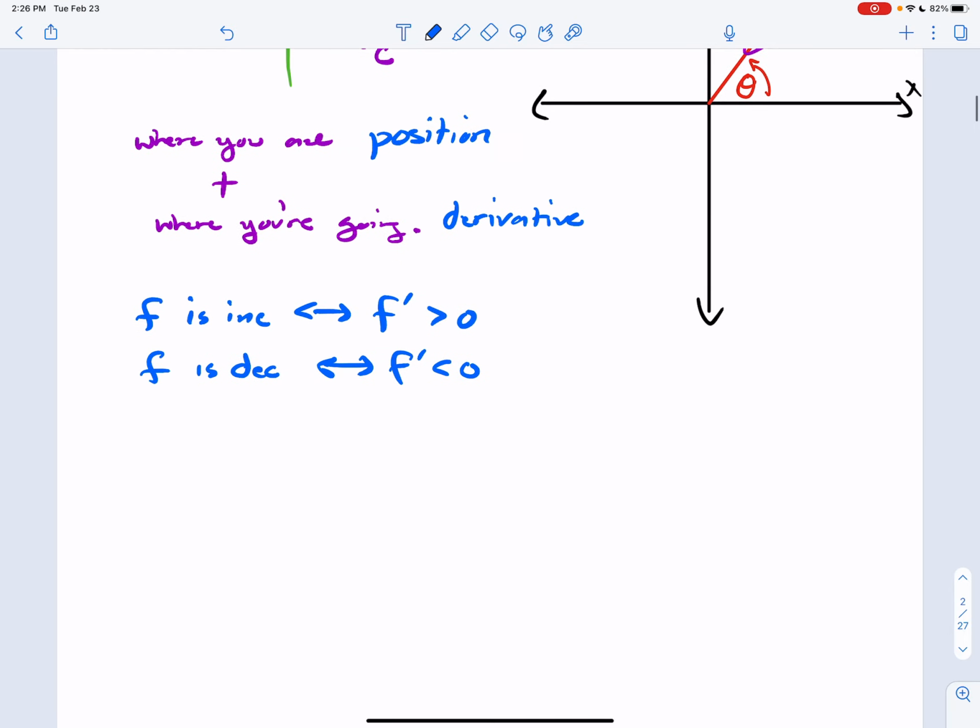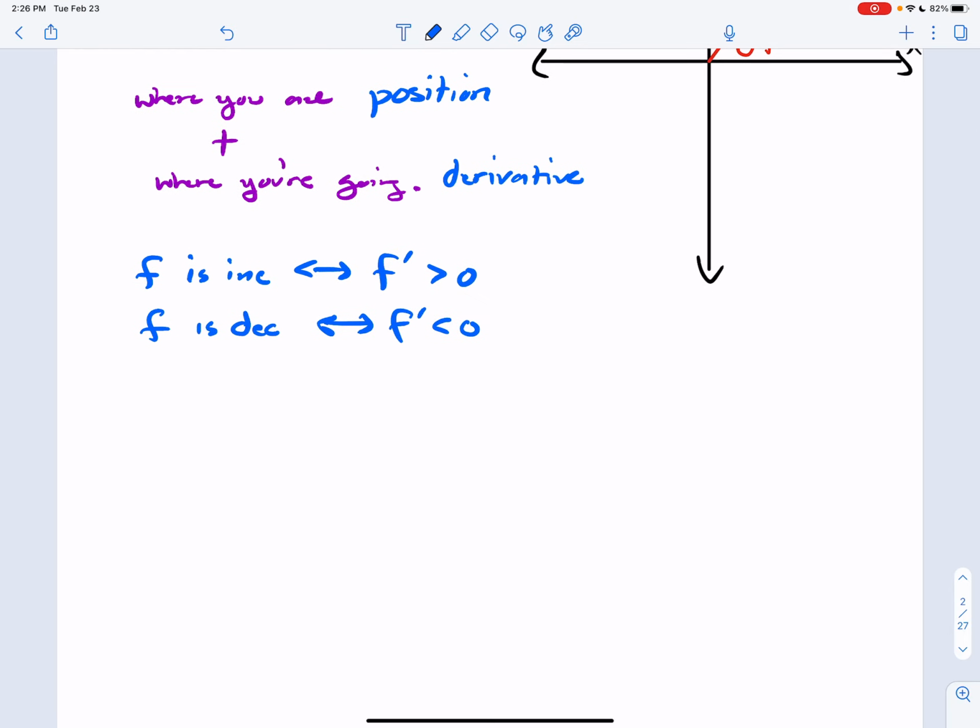So for instance, we have three things going on here, and you guys are going to see three different examples of what happens with x, with y, and with r. So all of these are your positions. In some sense, you're going to get a location of your point.